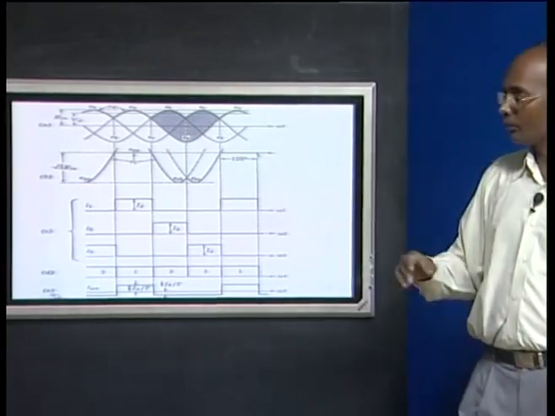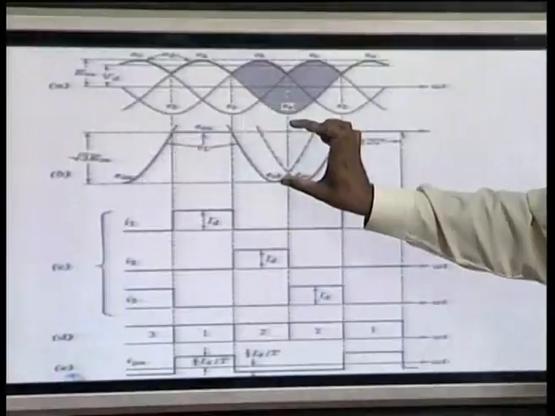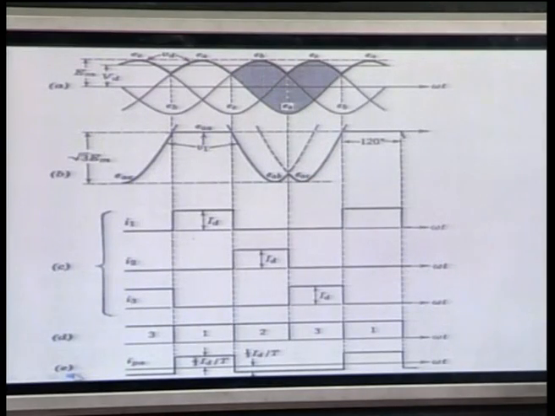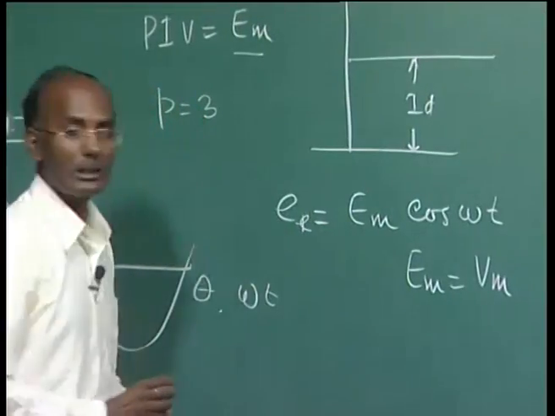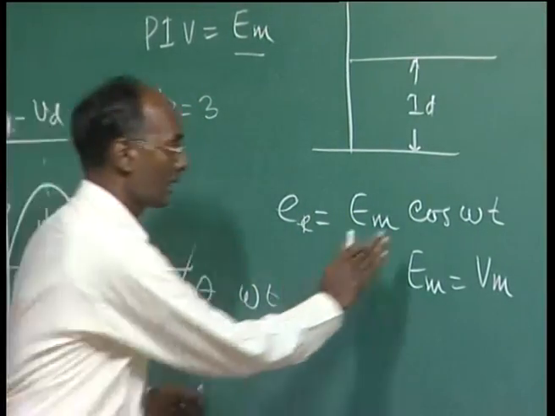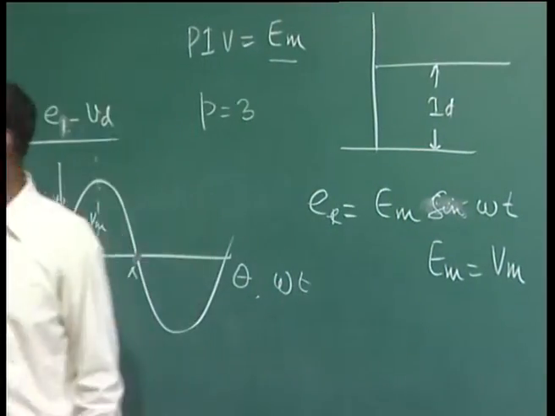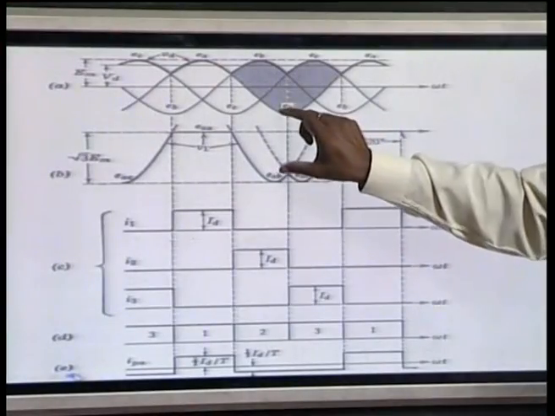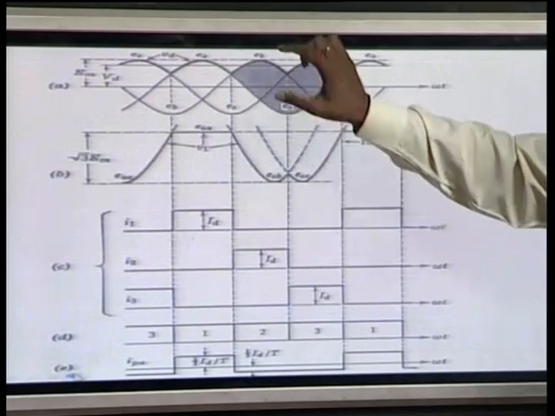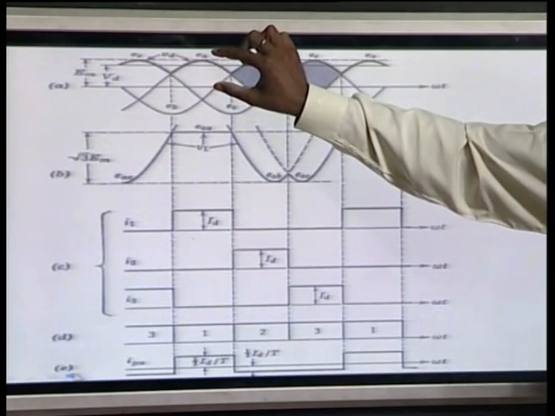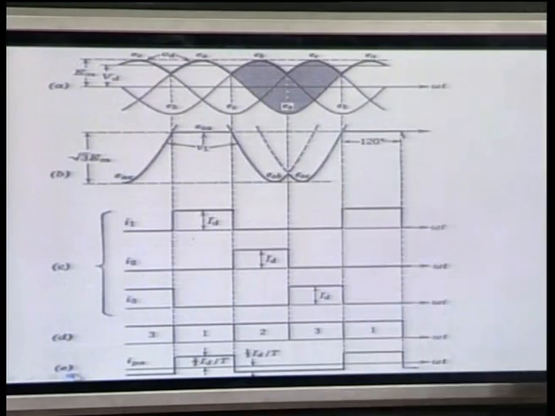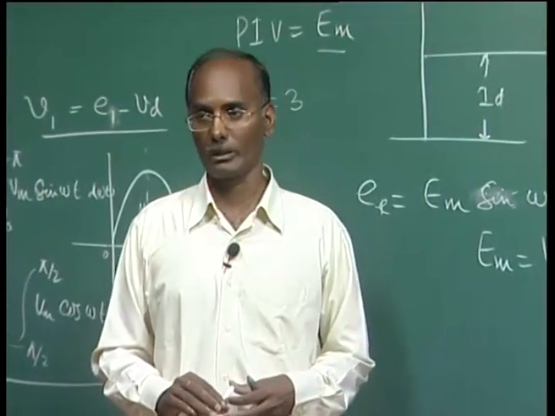So the peak inverse voltage in this case is EAB, not EA. Here EA is EM cos omega t or sin omega t, let us suppose. This is your line to line voltage. If the phase voltage is EM, then the line to line voltage in a 3-phase circuit is root 3 multiplied by EM.